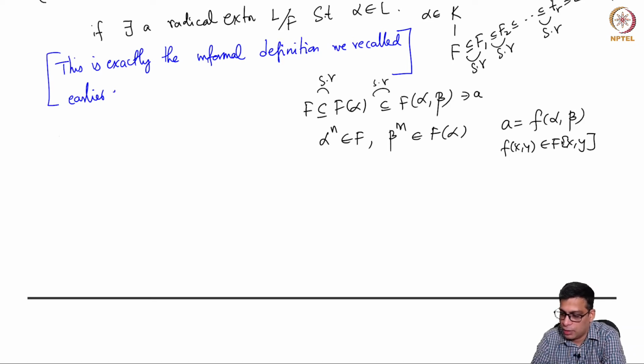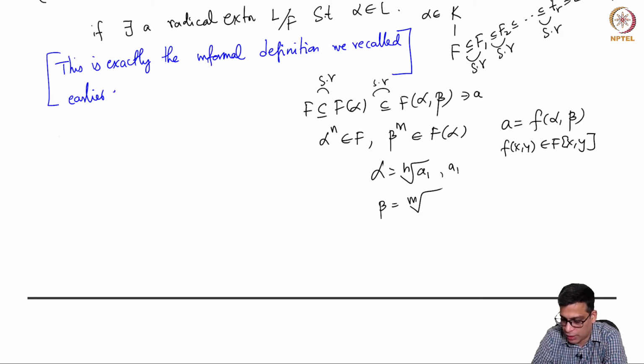And alpha is an nth root of something in F, let us say a1, and beta is an mth root of something in F(alpha).